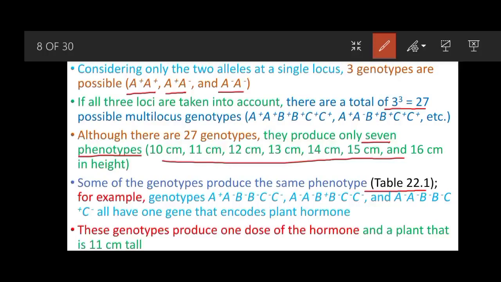For example, genotypes where a plus allele is present from any one of the three genes, so all have one gene that encodes plant hormone, and these genotypes produce one dose of the hormone, and the plant has 11 centimeter height. So this 11 centimeter height is produced by these three genotypes.